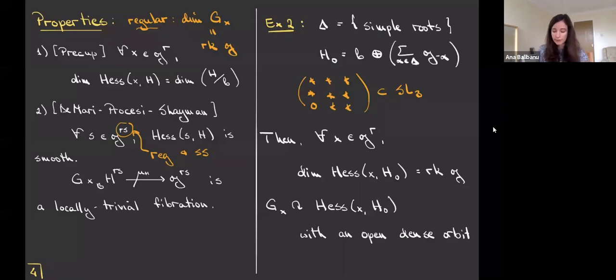So property 1 tells us that the dimension of the fiber above a regular element for this H naught is equal to the rank. And this is equal to the dimension of the centralizer of this regular element.